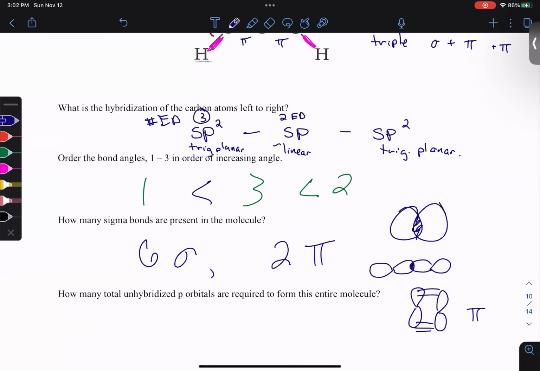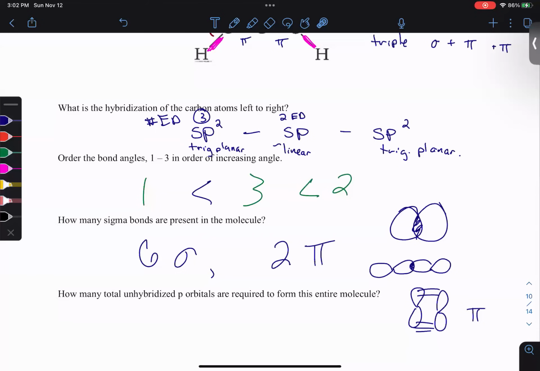Versus a sigma is this way, pi is this way. In both cases these are made from p orbitals, but the orientations are different. So how many total unhybridized p orbitals are required to form this entire molecule?